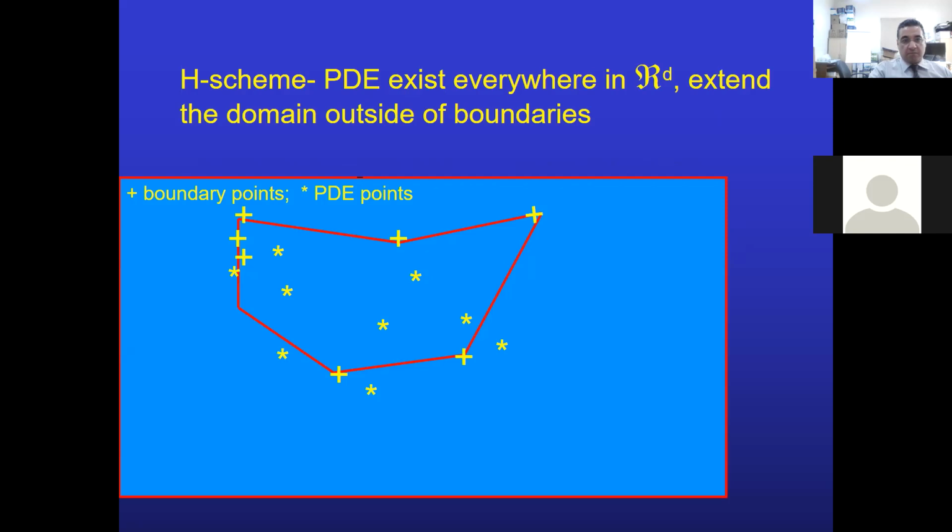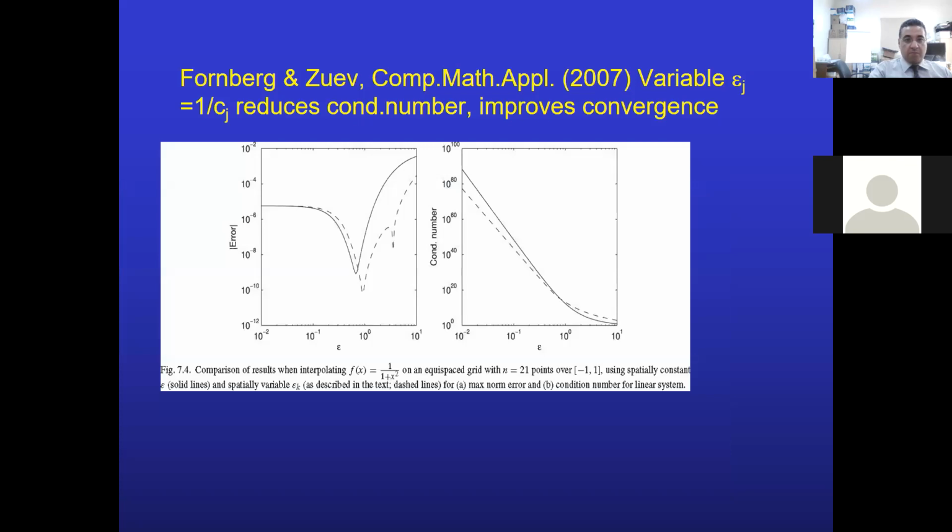The red line is the boundary, and this is, say, the domain omega. You can have some centers slightly outside the domain, and it improves the results, especially for Neumann boundary conditions. Next slide. So this is a trick we use.